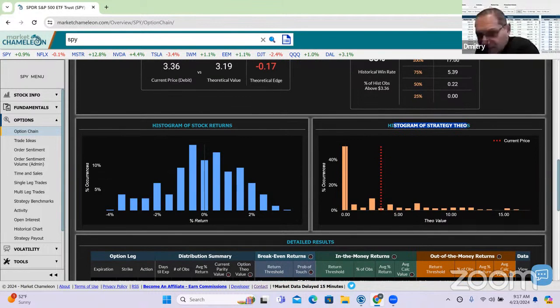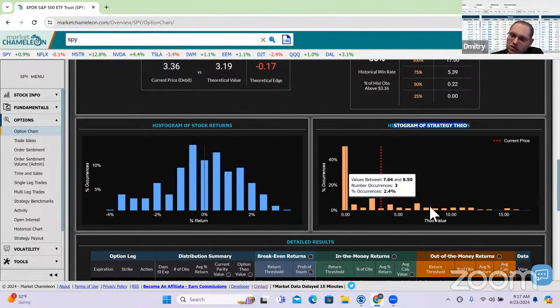And based on that red line, we could see how many theoretical values were above it. So these would be the ones that would be profitable, because if they ended higher than 336, then it would be worth more at expiration, right?